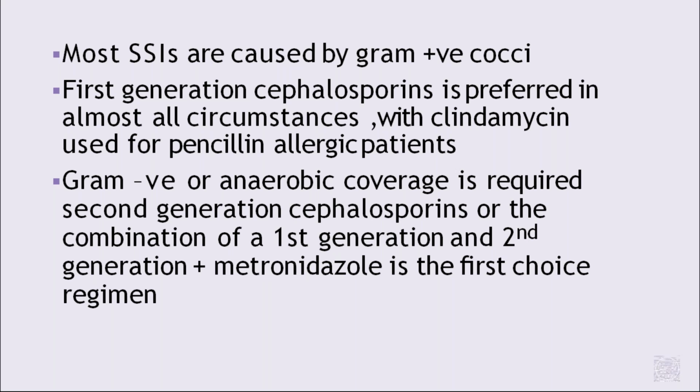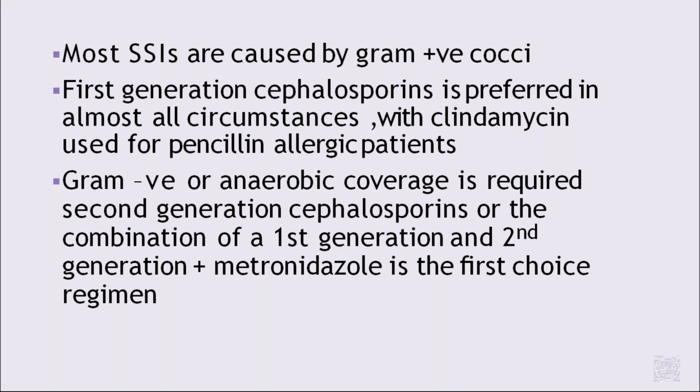Most surgical site infections are caused by gram-positive cocci, so the first thing is to give an antibiotic against gram-positive cocci. What are those antibiotics? First are the first generation cephalosporins. These are preferred in almost all circumstances, whereas clindamycin is used in penicillin allergic patients.